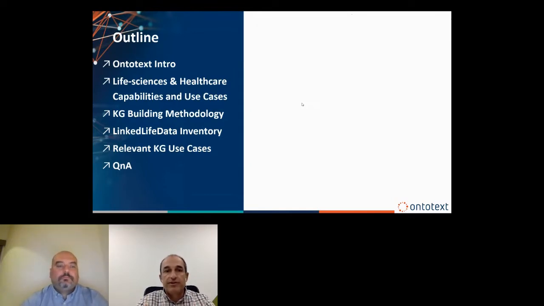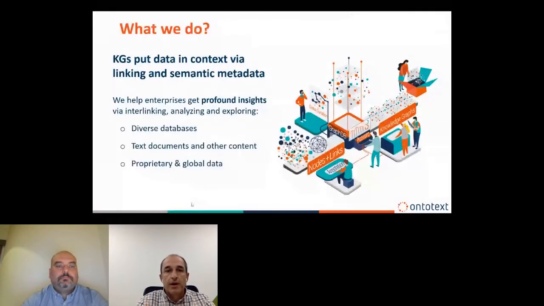It could be diverse data, siloed data, data siloed in document stores, any type of content. Of course, we are leveraging our customers' proprietary data, but we also enrich the knowledge graphs that we create using various types of external data sources, mainly public ones, but also commercial data sources.